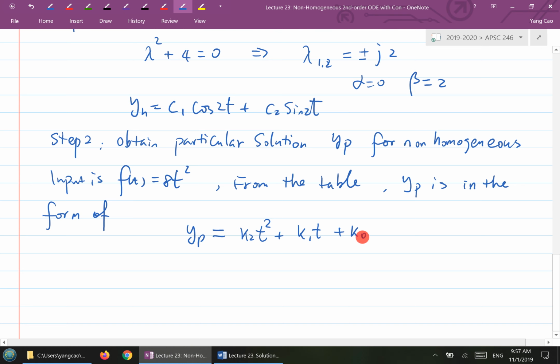So that's the guess part, right? That's the guess. And of course we need to find out what k naught, k1 and k2 are.